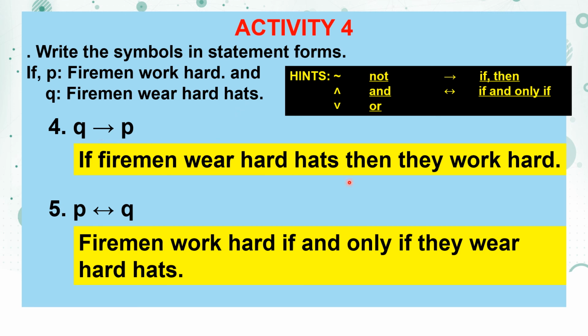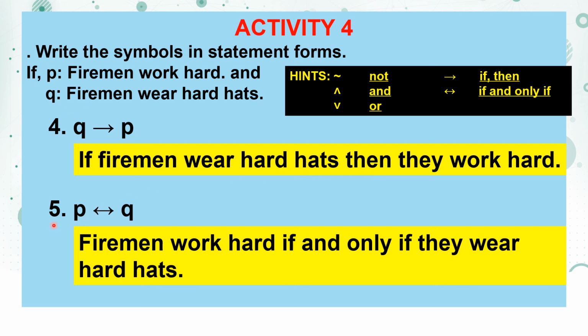Then, the word then, and our P is firemen work hard. So then, they work hard. So the English statement for this mathematical statement is, if firemen wear hard hats, then they work hard. So again, this symbol, the keyword is if, then.